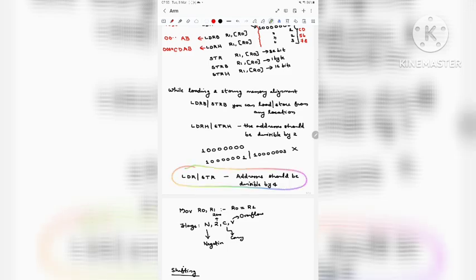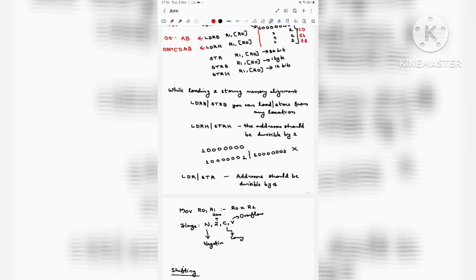If it's not divisible by 4, it will give a memory misalignment problem, because the register is loaded from 4 consecutive locations, so the starting address should be divisible by 4. If you are doing LDRH or STRH, the address should be divisible by 2. Otherwise, it will give a memory misalignment problem. Whereas for LDRB and STRB, there are no such issues. Any value could be loaded from any memory location.